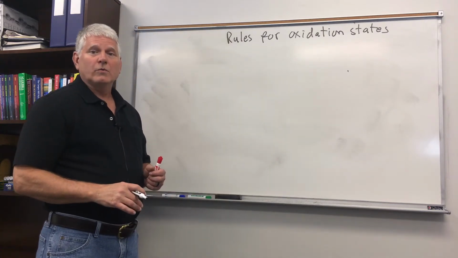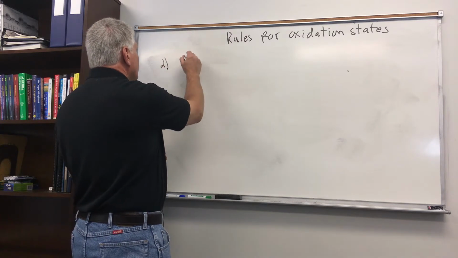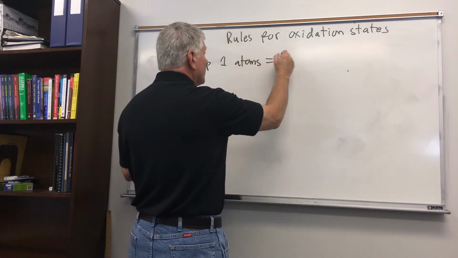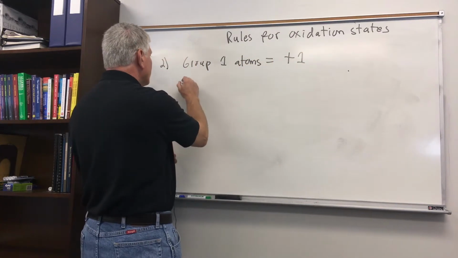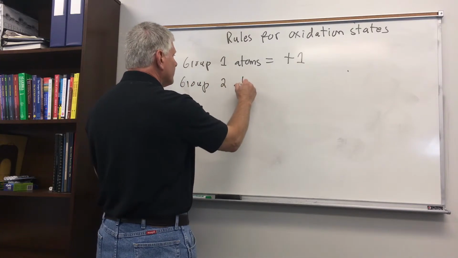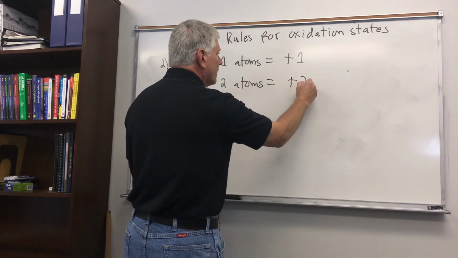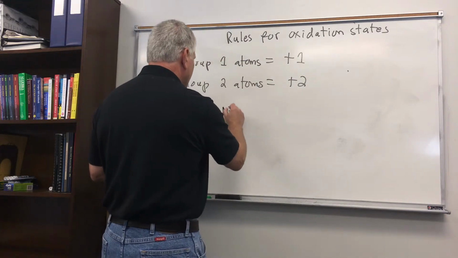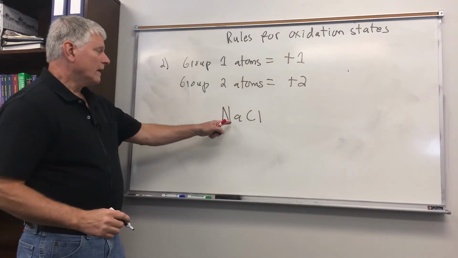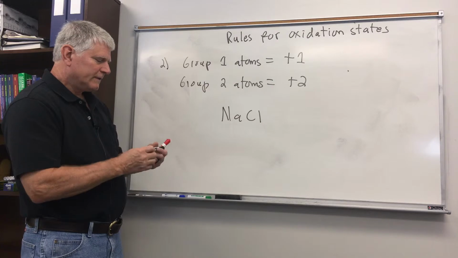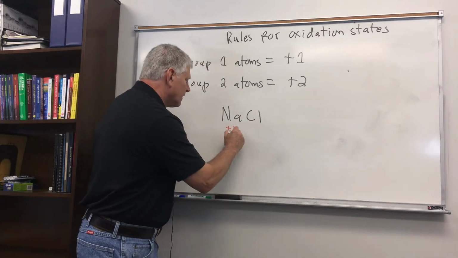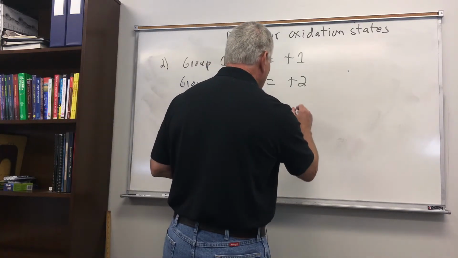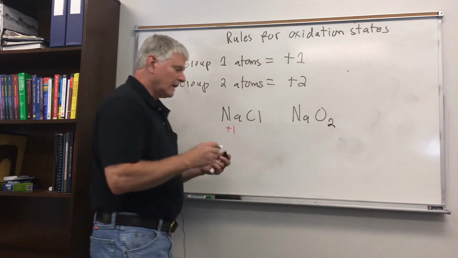Okay, so the next rule is group 1 atoms equal +1 and group 2 atoms equal +2. So an example of a group 1 atom, say we have sodium chloride. Sodium is in group 1, so we would assign it an oxidation state of +1. Say we have sodium superoxide.